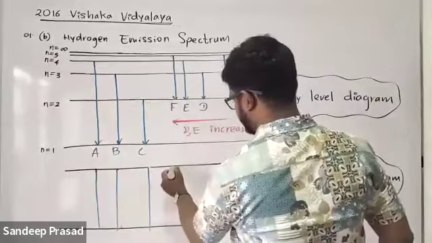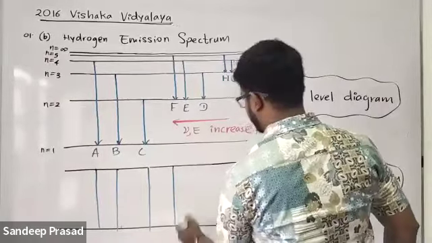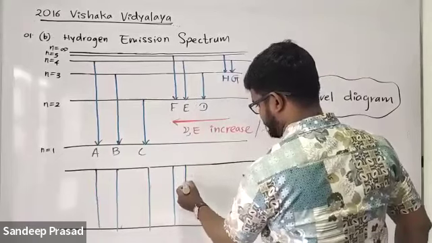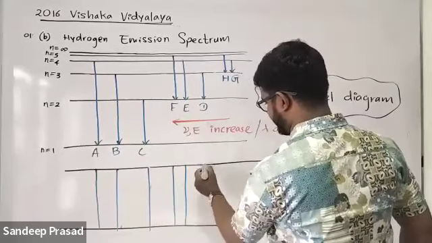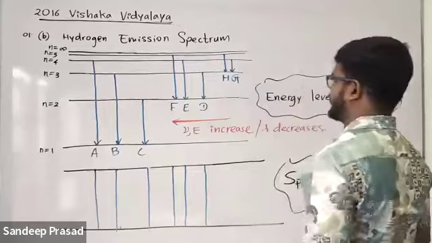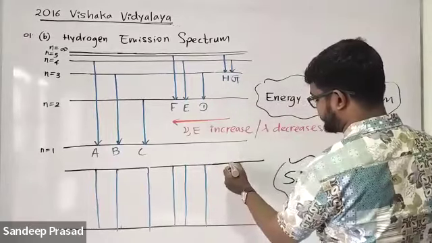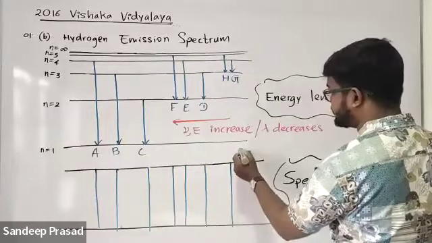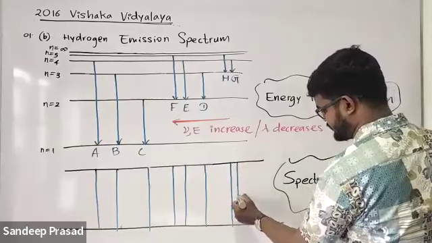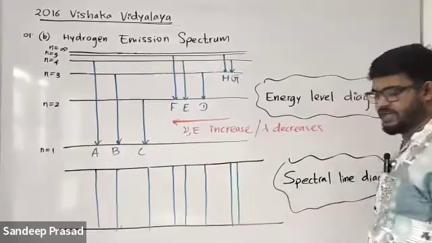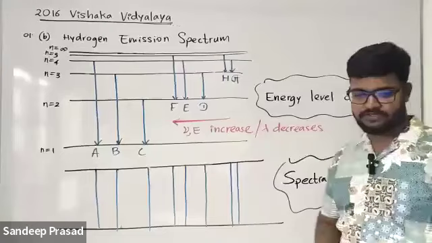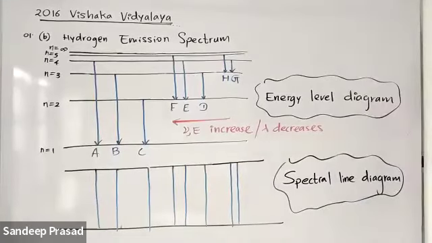And what about this one? Here the gap is also a little bit increasing. If you have drawn this kind of diagram, you will be given marks. So this is the spectral line diagram. Are we clear?